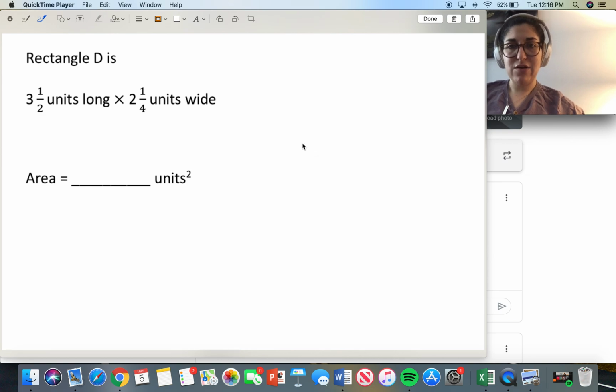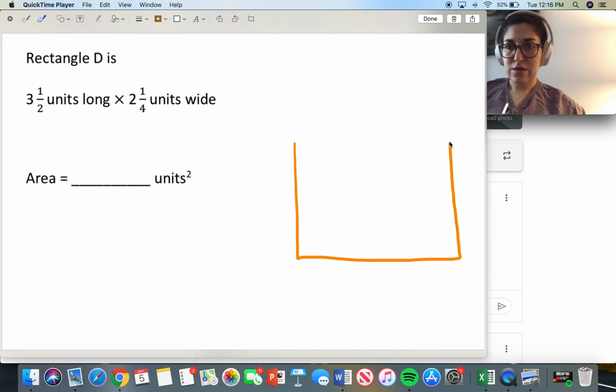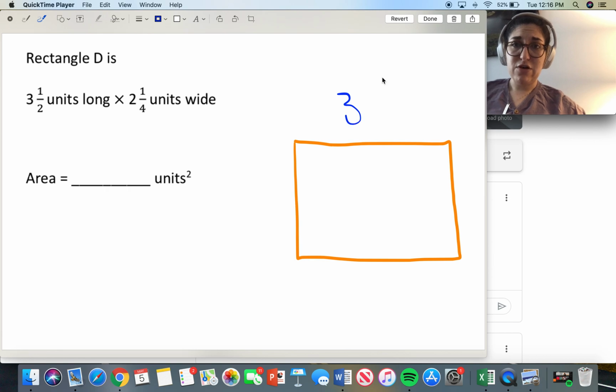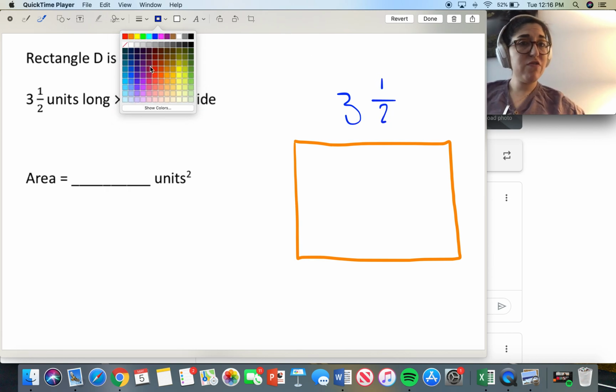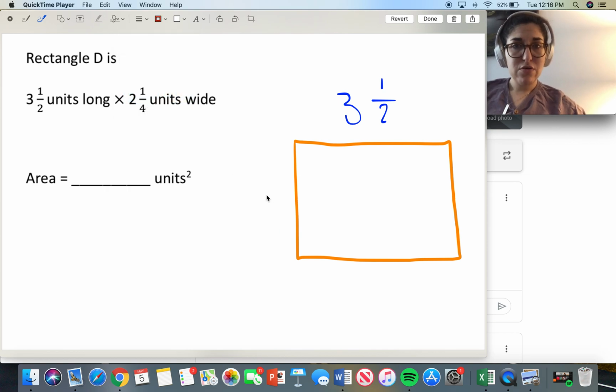So we have a rectangle D that is 3.5 units long and 2 1/4 units wide. So because I'm looking for the area, I need to multiply the length and the width.